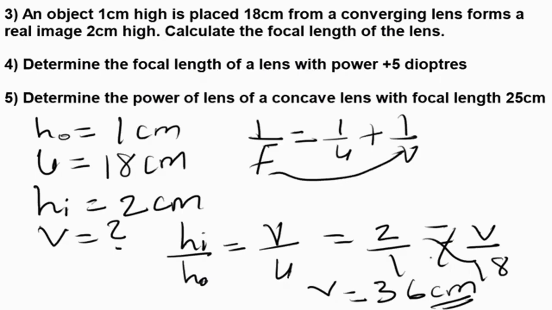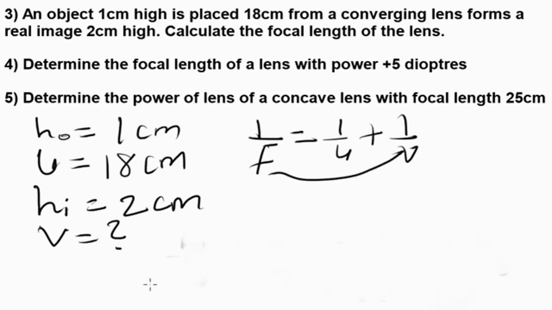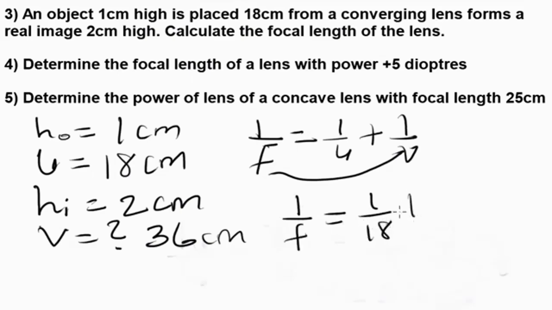Let me wipe this side. Okay, so we now have our image distance to be 36 cm. When you put it in the lens formula, you're going to have 1 over f equals 1 over our u, which is 18, plus 1 over 36.